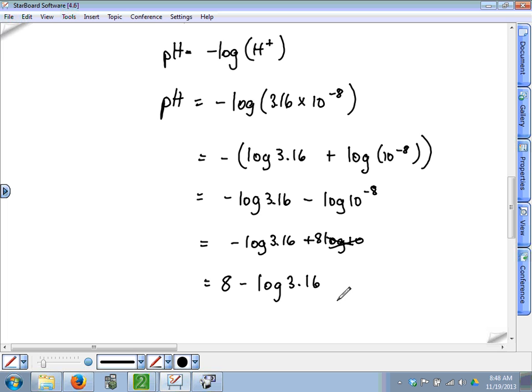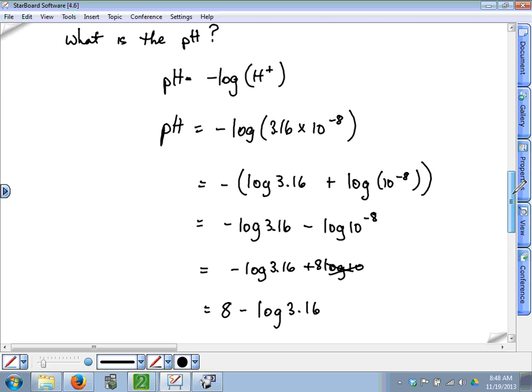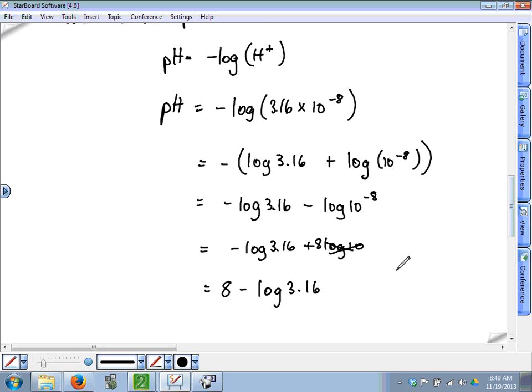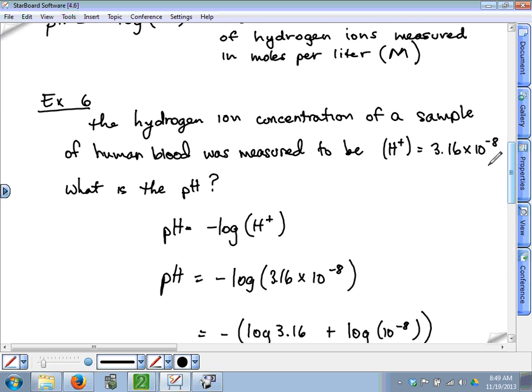Now, you are going to have a test question that deals with this type of a pH scale, and I'm going to give you the approximate value of whatever logarithm you're going to need. For example, in the initial part of the problem, I would have given you this in parentheses.